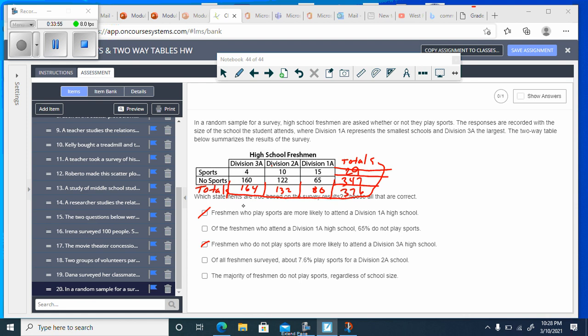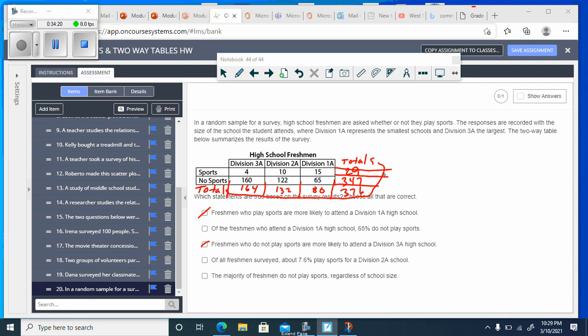All right. Of all freshmen surveyed, about 7.6 play sports for a Division 2A school. Okay, Division 2A, freshmen, that would be 10 out of 376. Let's see. 10 divided by 376 times 100 would give me about 2.7%. So no, that's not right.